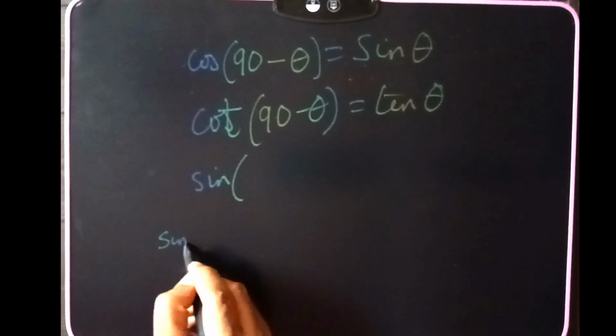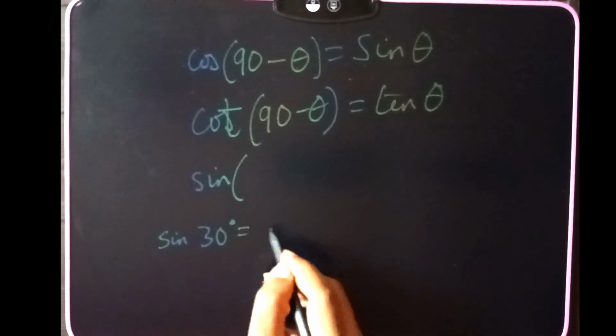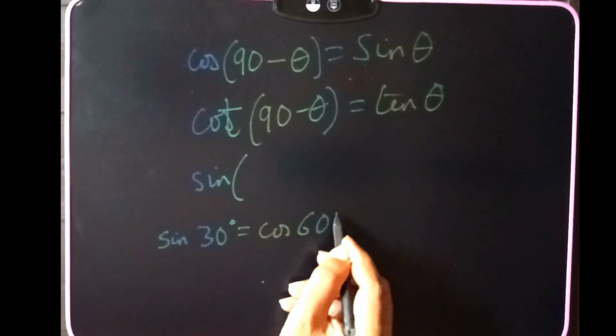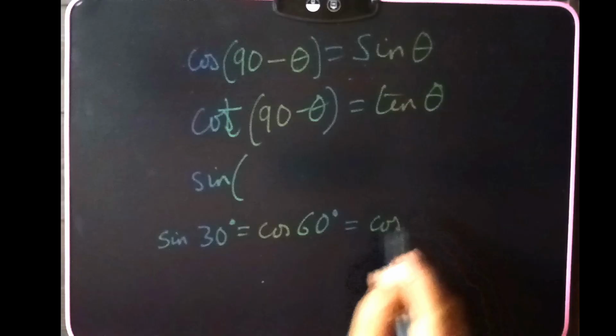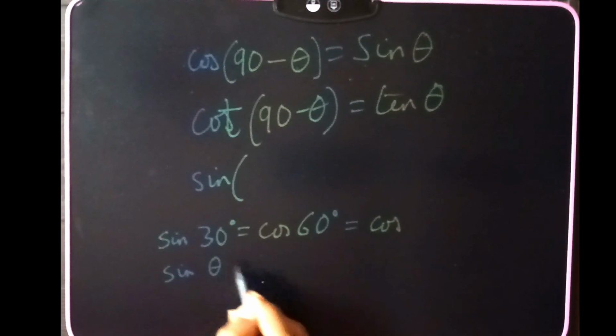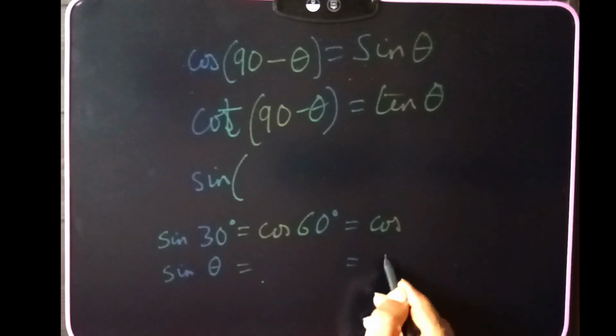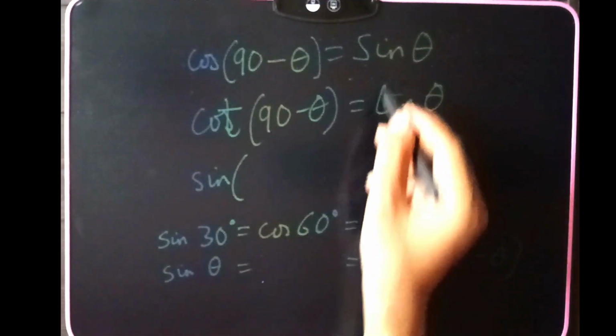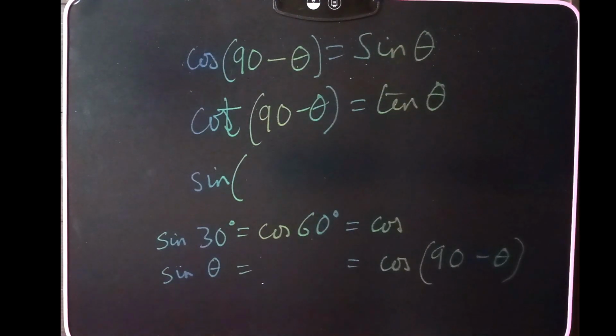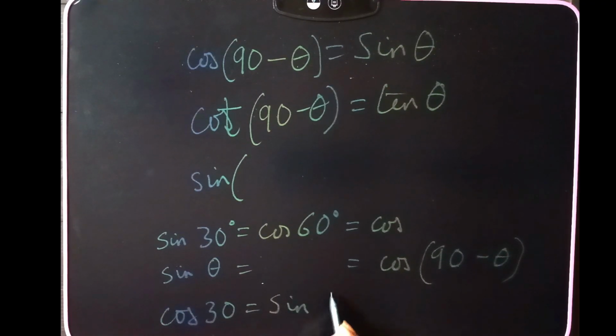We know that sine of 30 degrees is equal to cos of 60 degrees. And this can be written as cos of, if this is theta, sine of theta, then this can be written as cos of 90 minus theta. This is theta basically. So similarly, you can write cos of 30 is equal to sine of 60.